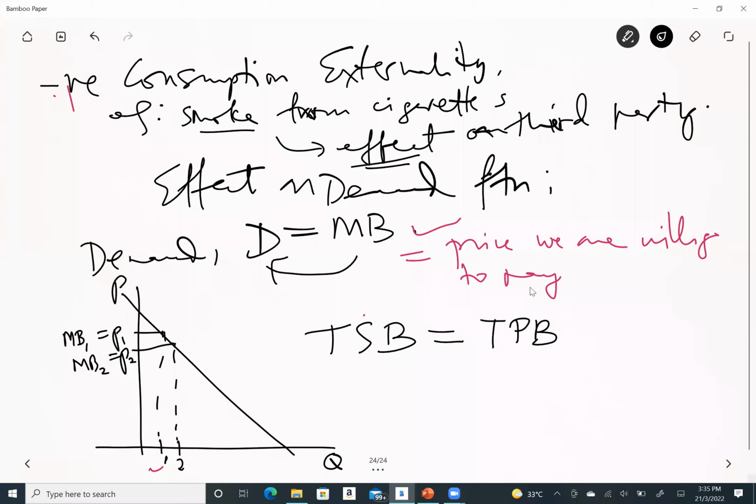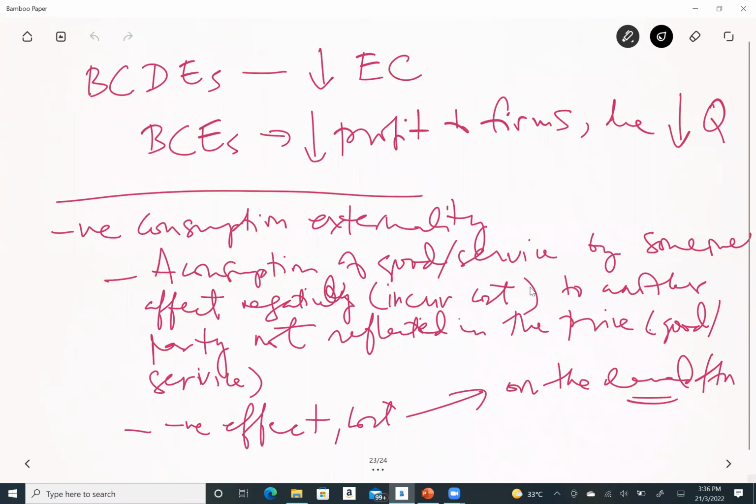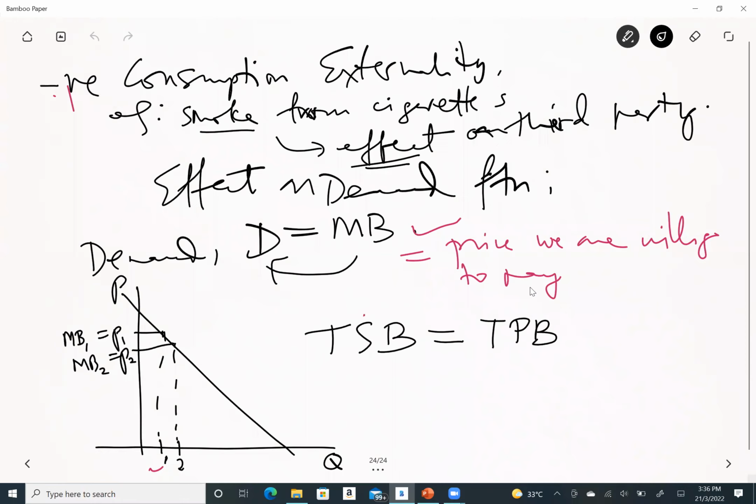Now it incurs costs, so it affects negatively. That will be a cost to a third party.